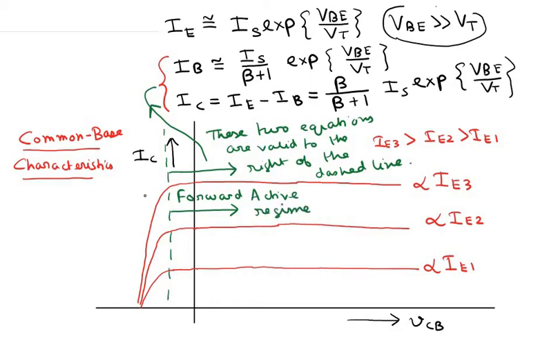And the regime to the left of this dashed line, where the collector current is decreasing with decrease in the collector to base voltage, is known as the saturation regime.